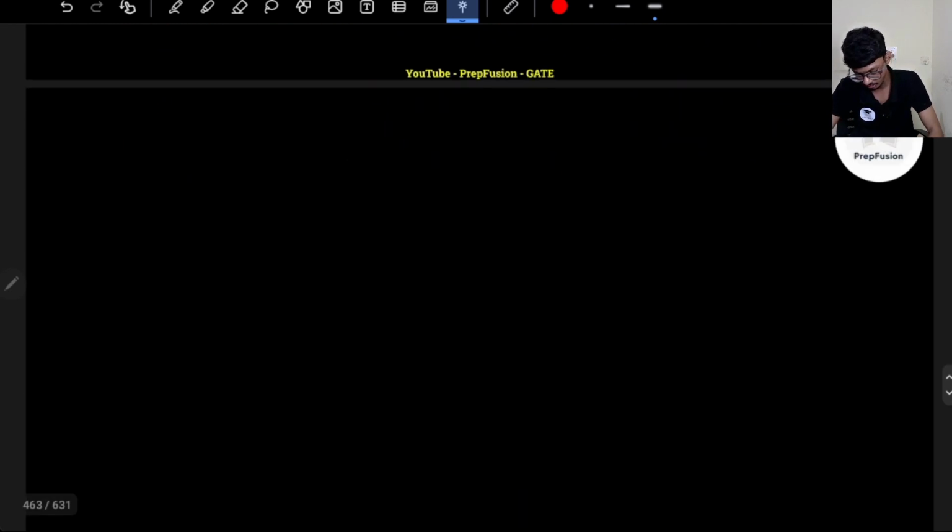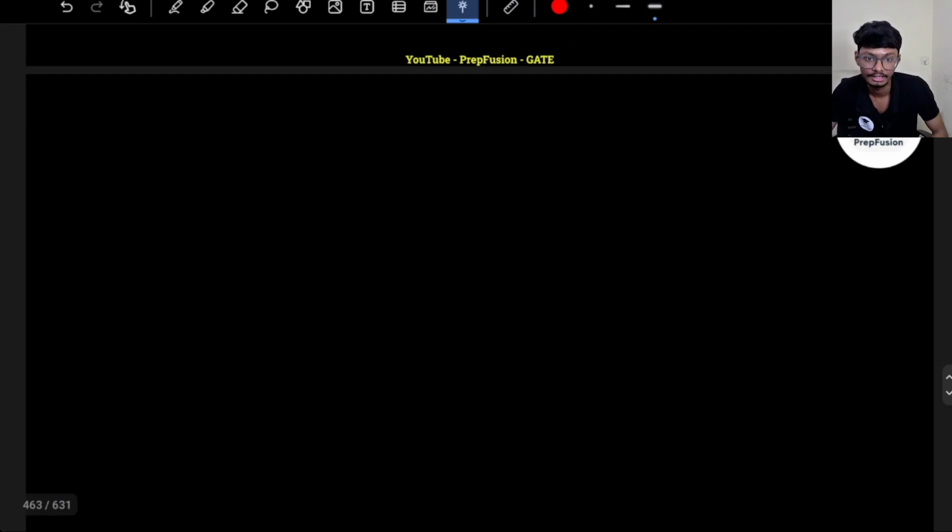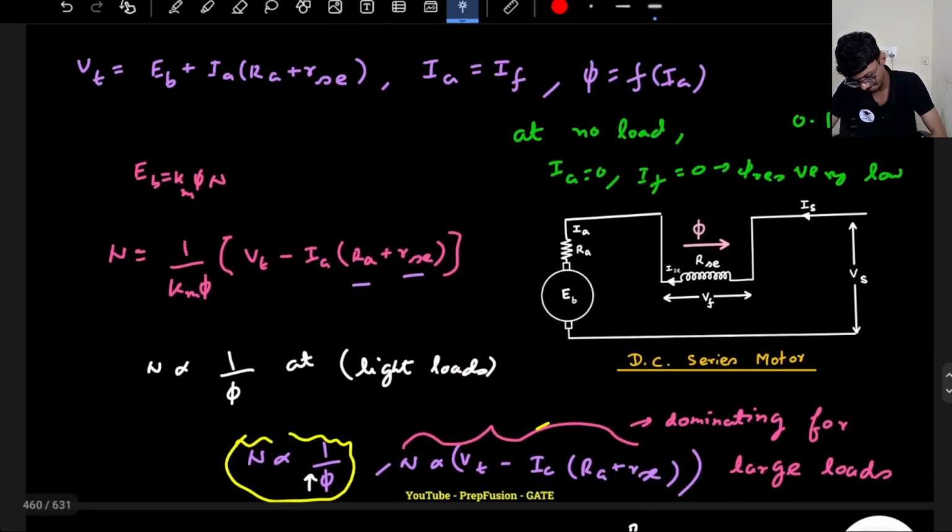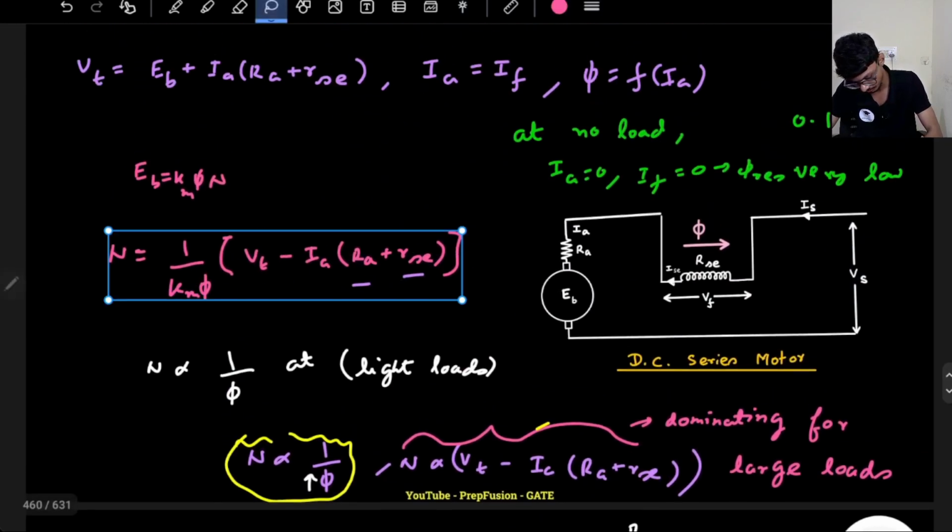Now let's discuss the speed torque characteristics. What will be the speed torque characteristics? What is the speed equation? Same thing, right? The speed equation is this one.